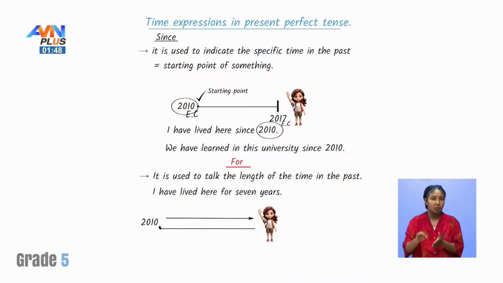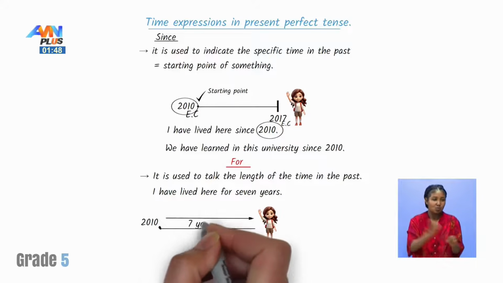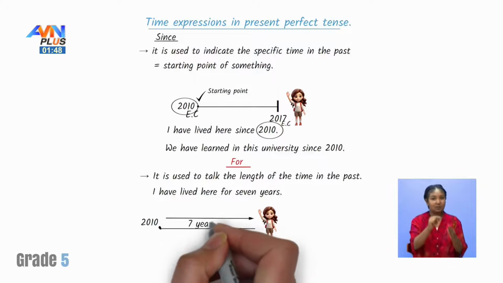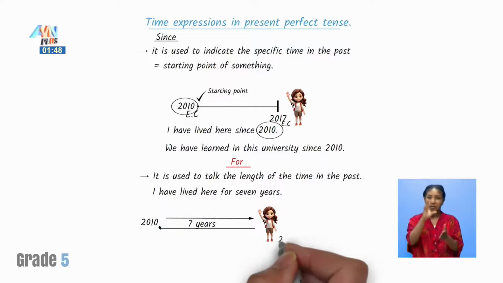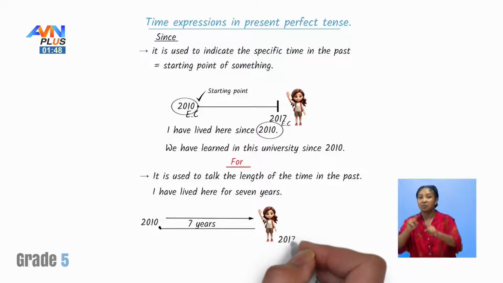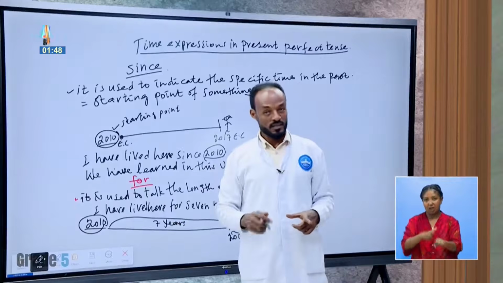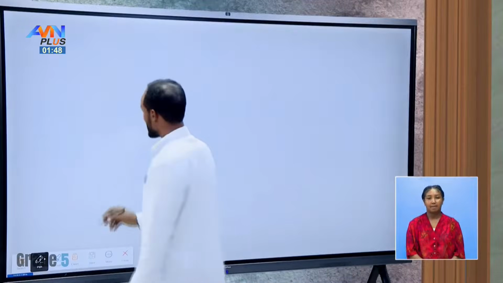When we count the gap, we can get what? 7 years. So this one is the length between 2010 and 2017. We can get 7 years. This one is the length. Am I right? Bravo. So what about the next point?